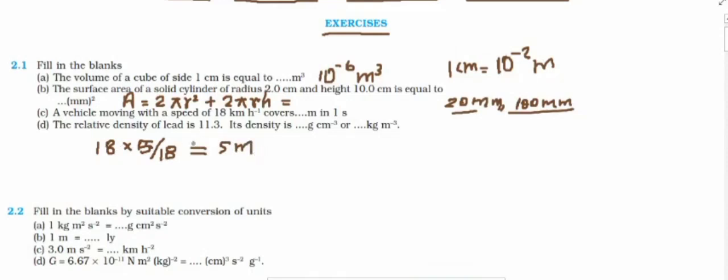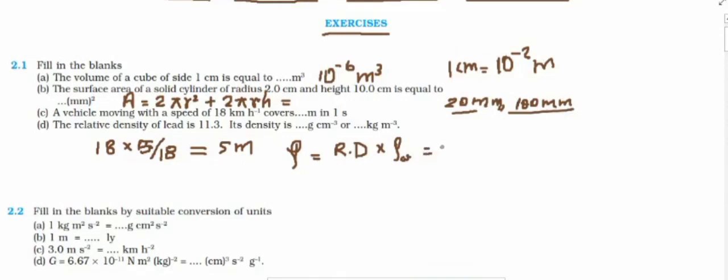Then the relative density of lead is 11.3. Its density is in gram per centimeter cube or kilogram per meter cube. So density of the substance, rho, is equal to relative density into density of water.